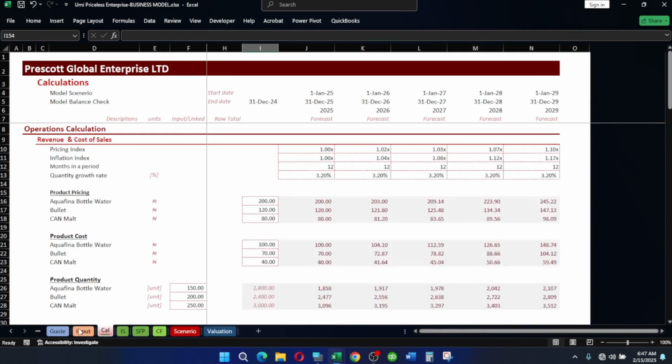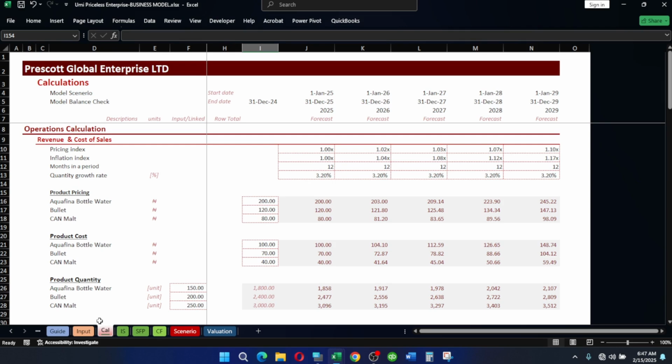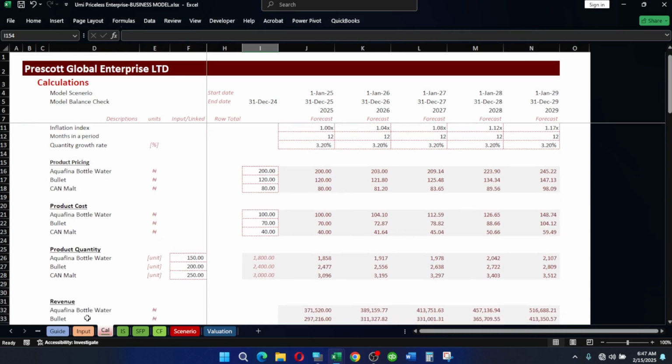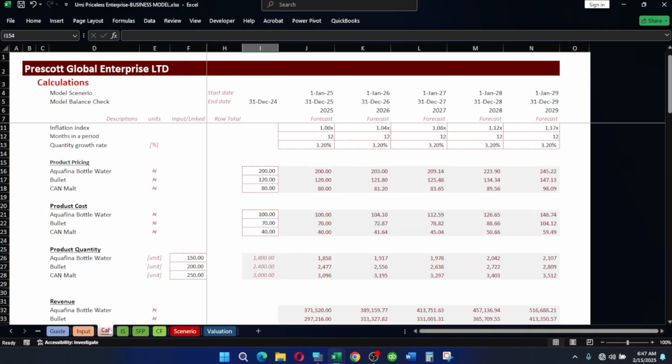But remember that everything in our input, that's the assumption, will have to be translated into a monetary value. After we are done with that, we will look at how to integrate that into the various financial statements.